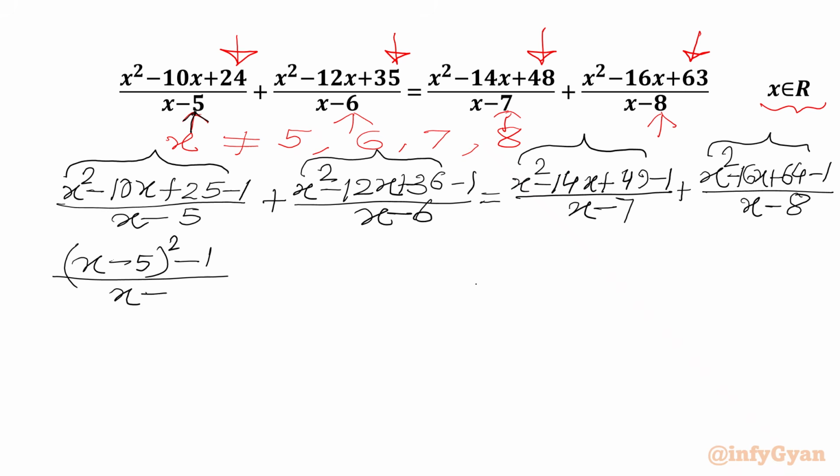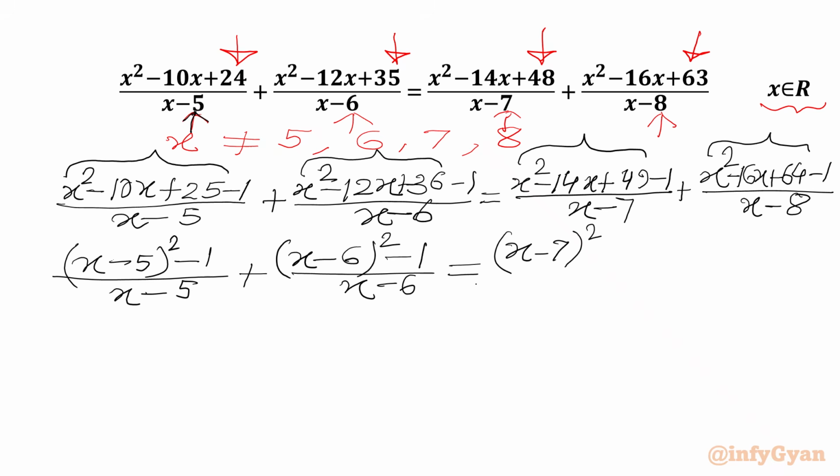In denominator, we'll write x minus 5, plus x minus 6 whole square minus 1 over x minus 6, equal to x minus 7 whole square minus 1 over x minus 7, plus x minus 8 whole square minus 1 over x minus 8.